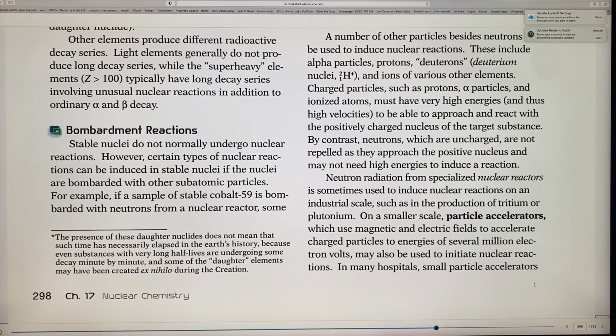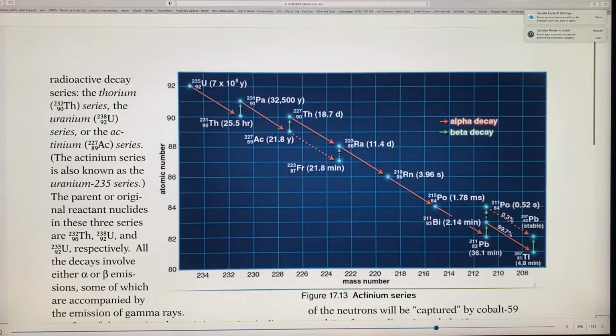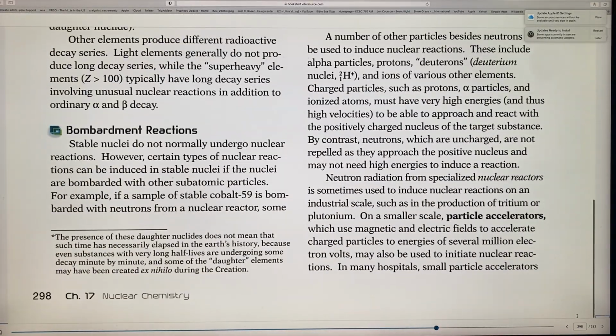But also, on a smaller scale, they use little particle accelerators, not huge factories, which use magnetic and electric fields to accelerate charged particles to energies of several million electron volts. Several million electron volts may be used to initiate these nuclear reactions. They use these in hospitals and such. In fact, let's go. I think they have a picture of one.